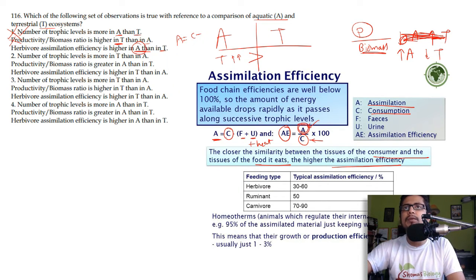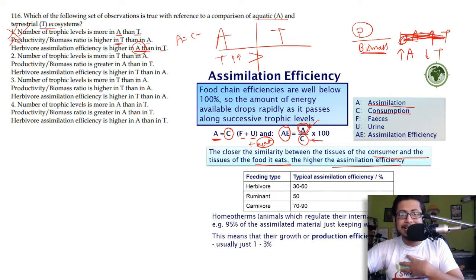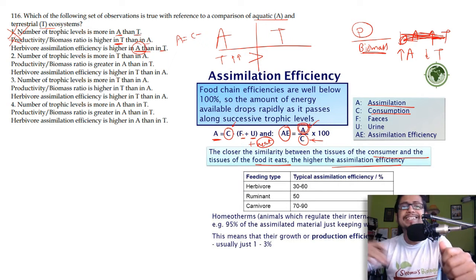So assimilation can be calculated as A equals C minus F plus U, where C is the consumption, F is feces, U is urine, plus heat also. So assimilation means the amount that remains inside the body of an organism in a fixed trophic level. It changes from one trophic level to the other, and the energy is lost as heat as well. But the assimilation is counted based on the consumption minus the total excretion. That's how we count it.